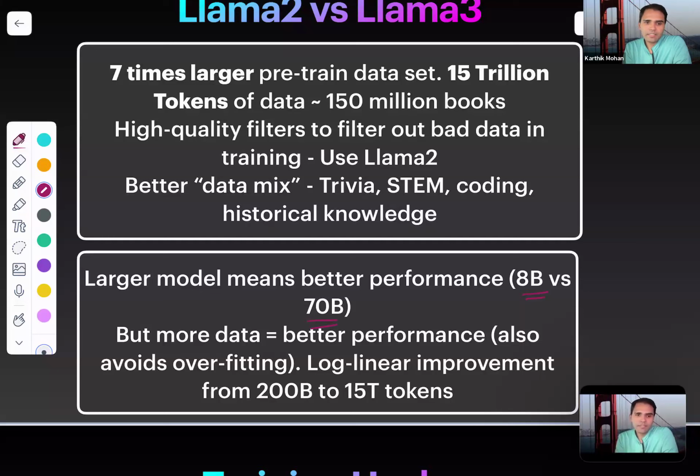But in this specific case, they saw log linear improvement from 200 billion tokens of data to 15 trillion tokens of data. So you can keep improving your 8 billion model by adding more and more data and expect to keep improving to a certain extent. So those are some of the improvements between Llama 2 and the Llama 3 model that we'll get to explore in this course.